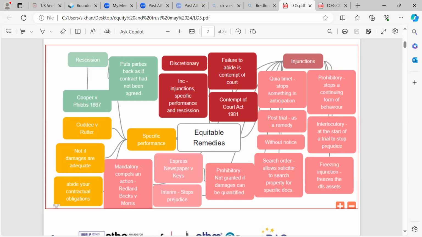So we looked at equitable remedies, and the first one is rescission in regards to the elements of what rescission is, and it can be granted in cases where both parties have committed a mutual mistake that affects the essence of the contract.